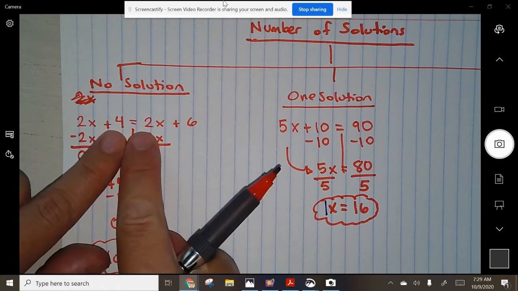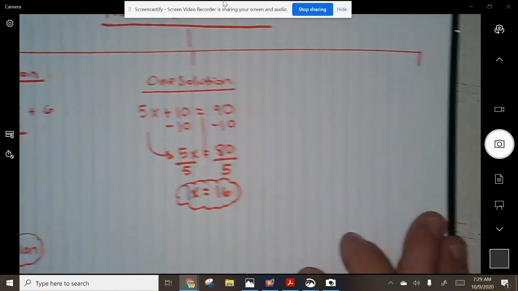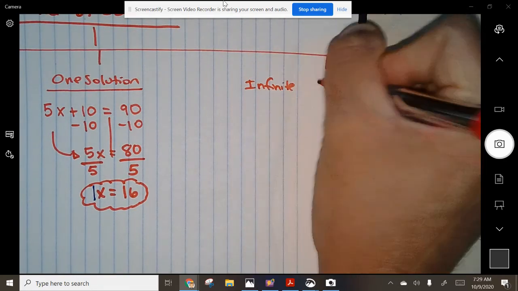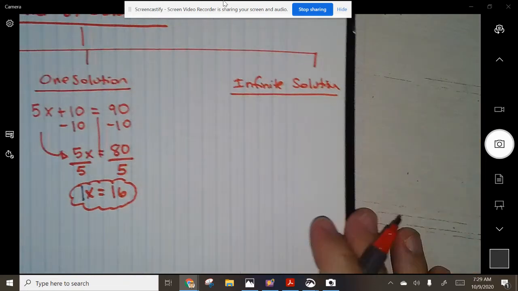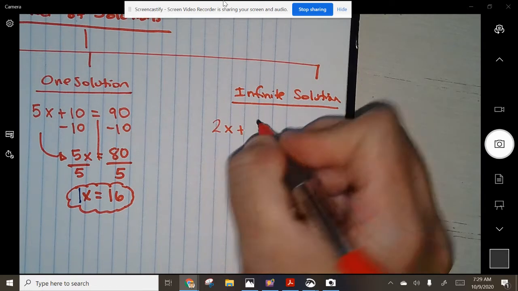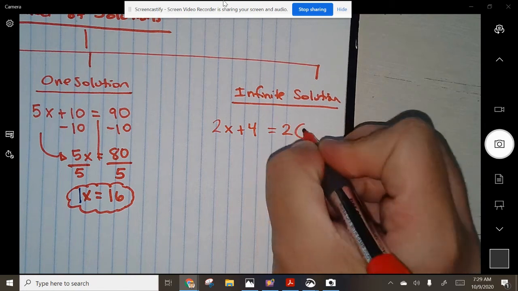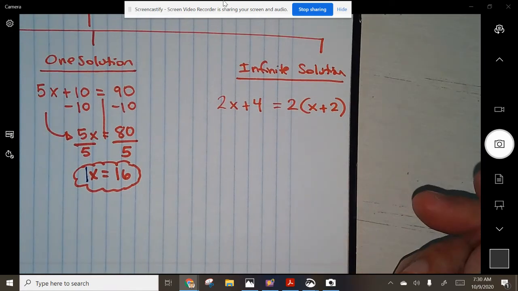Notice how it's almost very similar looking. And now look what I'm going to do on this side. Infinite solution. Okay? Now 2x plus 4 equals 2 times x plus 2. All right?